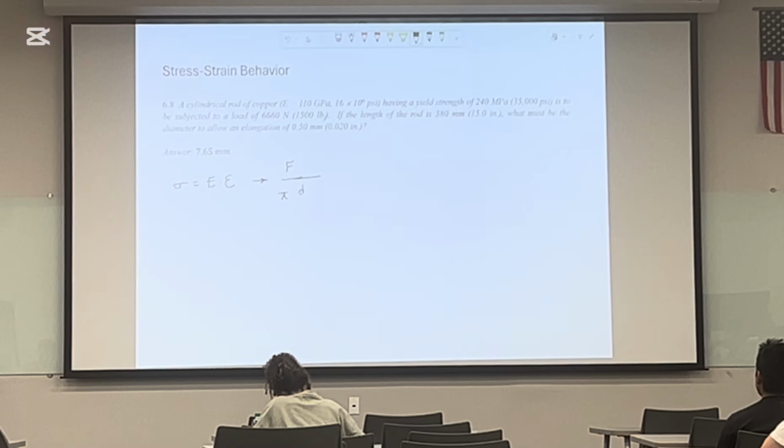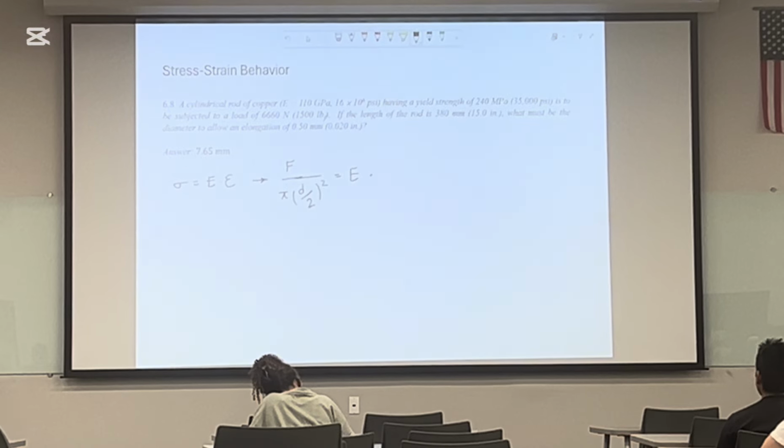pi times d over 2, again, squared, equals Young's modulus times, again, we have to break down the strain as well because we are working with elongation.